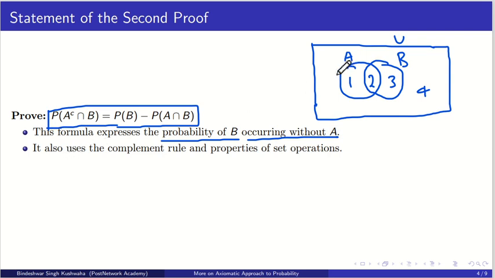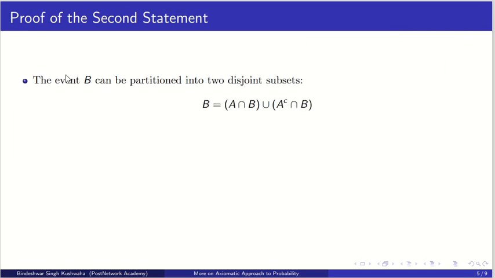This one I will draw in the next slide because in the proof I will draw. So we will see here how to prove it. Here I will draw again. So event B we will partition into two disjoint subsets. The first one is A intersection B and second is A complement intersection B.